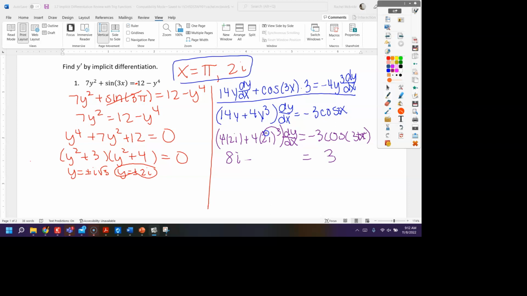We get negative 8i times 4, which is negative 32i. i cubed is negative i. What's the weird rule? You don't have to make it.